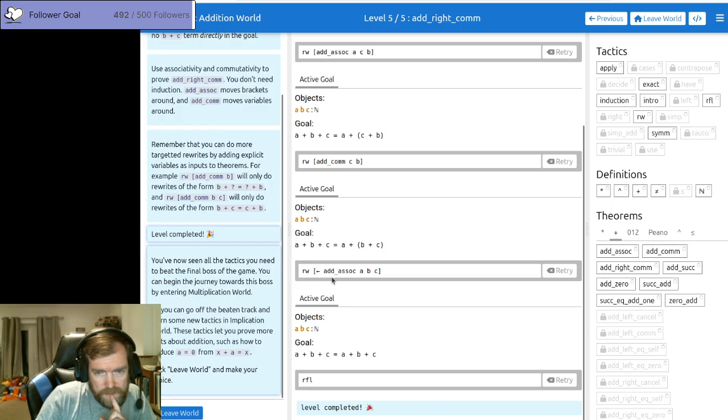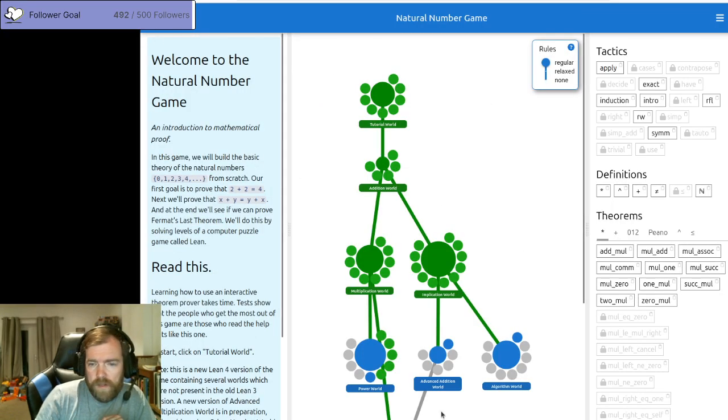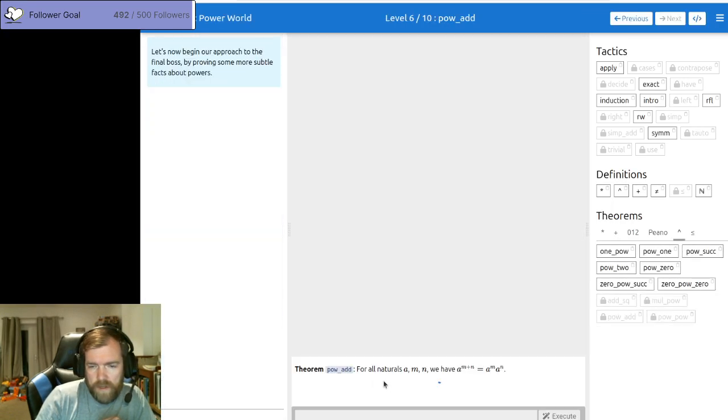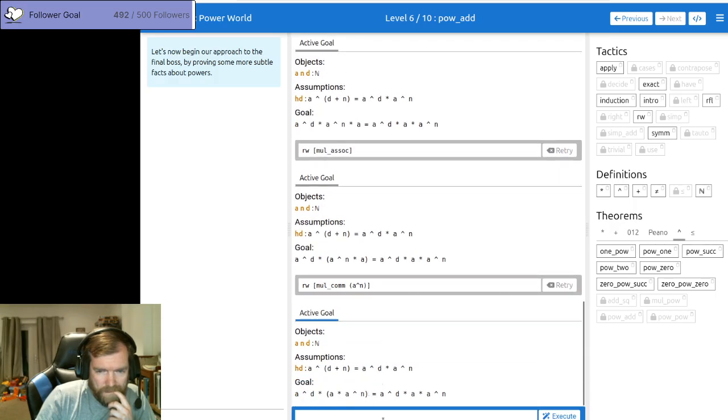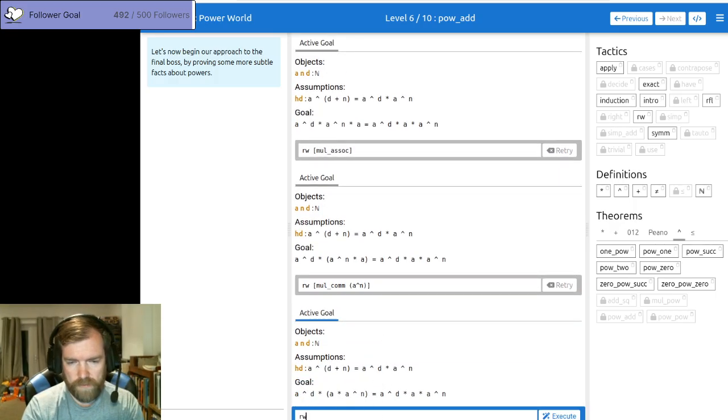There. Inside. Okay, so rewrite /L multiplicative associativity, and there we go, reflexive.